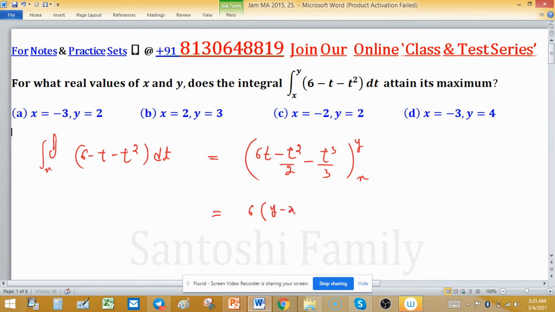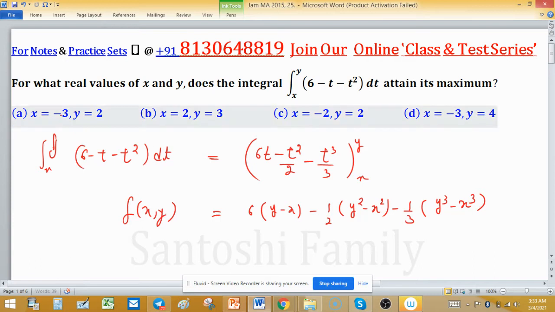6 times (y minus x) minus half times (y square minus x square) minus 1 upon 3 times (y cube minus x cube). So this is the function, a function in two variables, x and y. Now check which point is giving the max value, that will be your right answer.